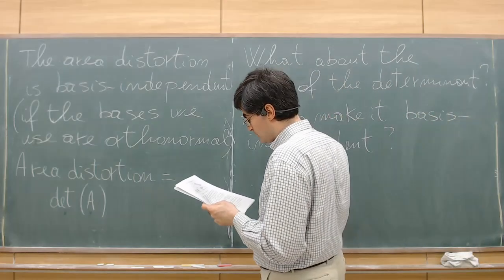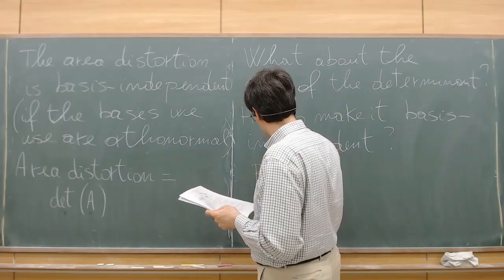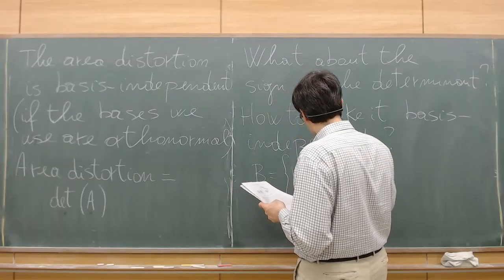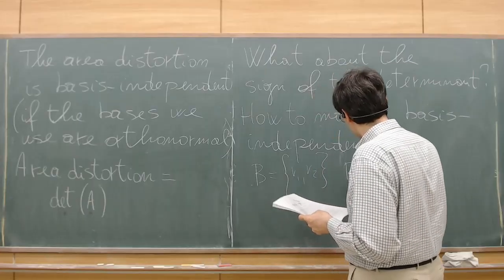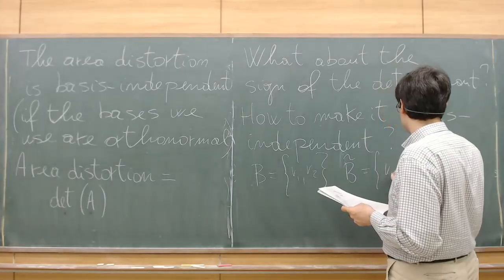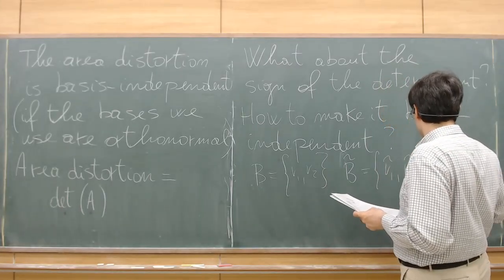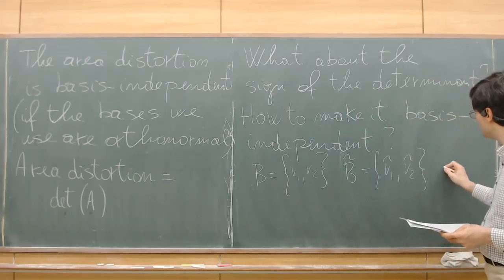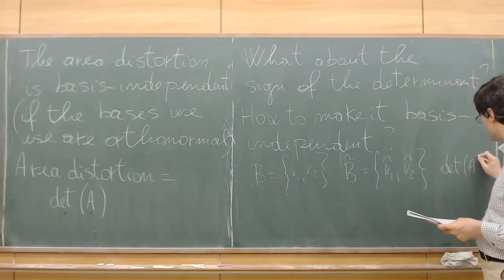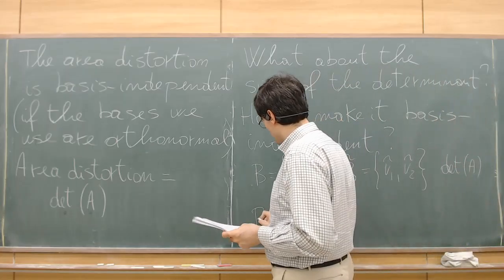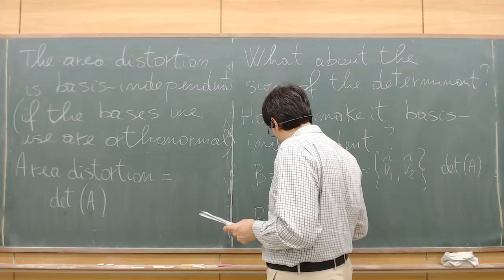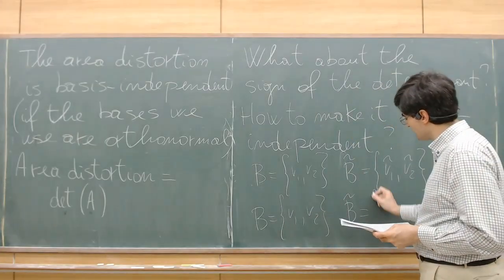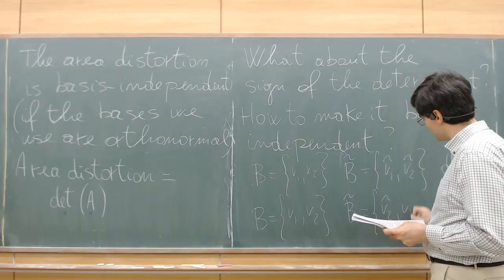Because if, for example, I work with this pair of bases and I compute the determinant of A, then I make one change, for example, I work with B tilde given by V2 tilde, V1 tilde.